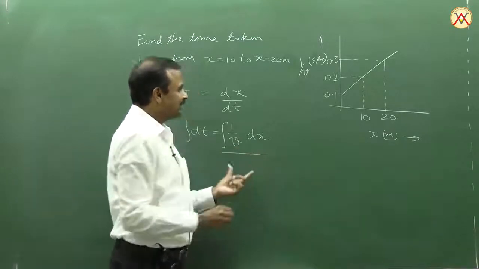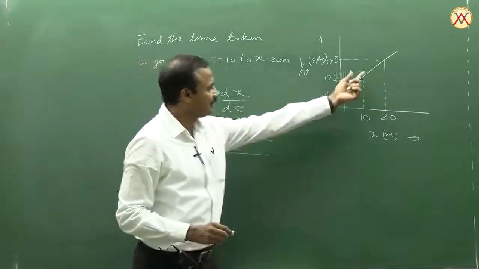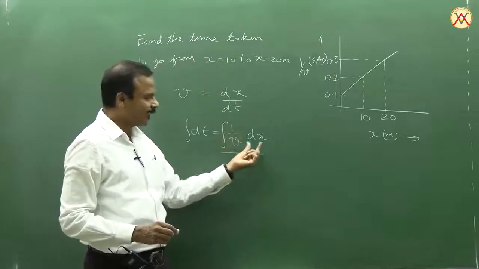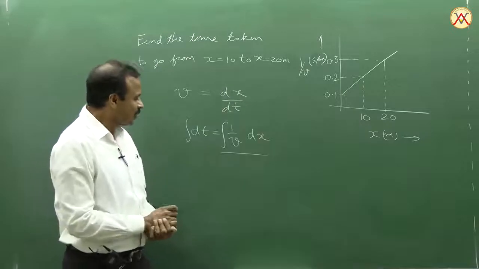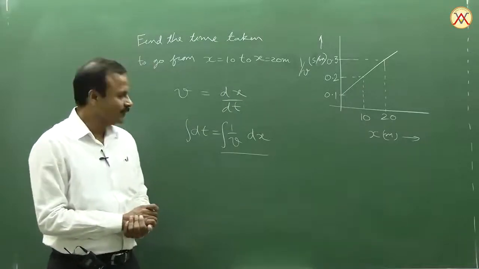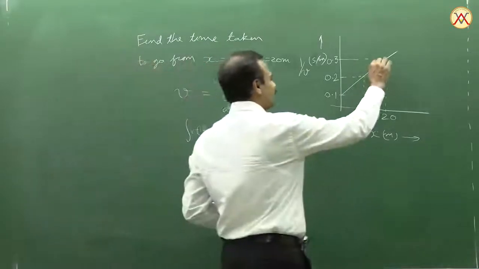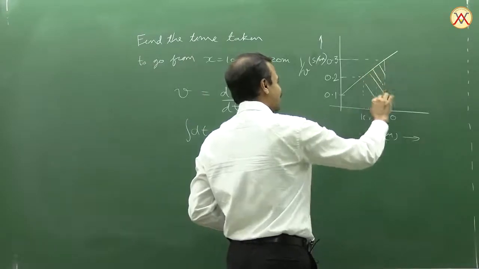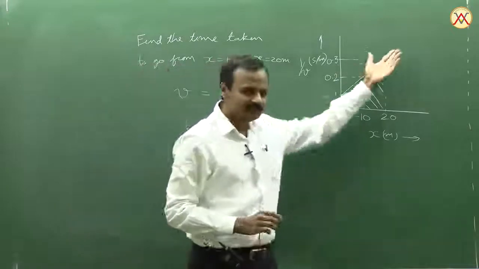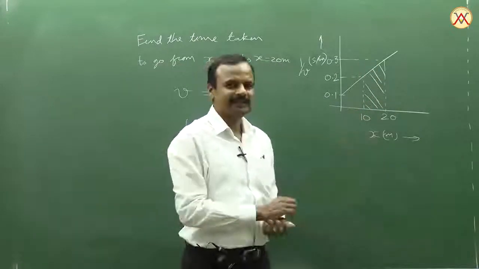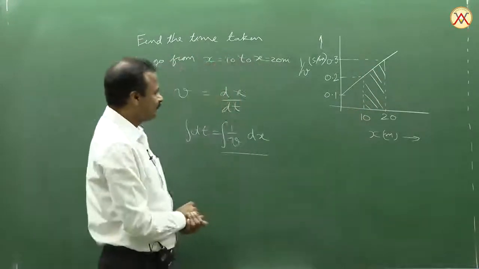This is basically the area under the graph, integral y dx. On the y-axis, I have reciprocal of velocity. So I can get the required time just by calculating the area under the graph. I don't have to actually perform the integral in this case because the graph is a straight line and I can very easily get the area.